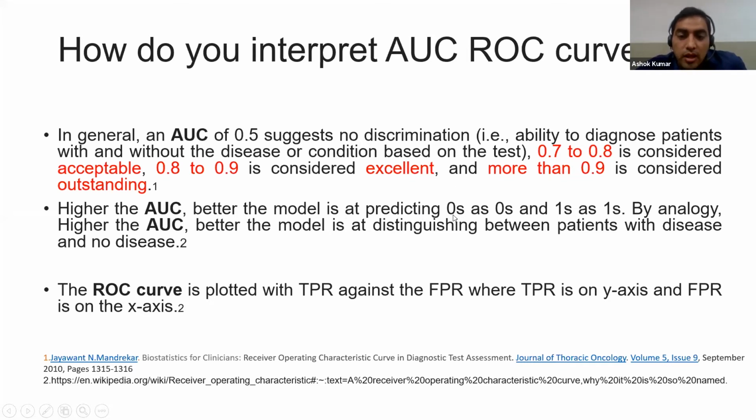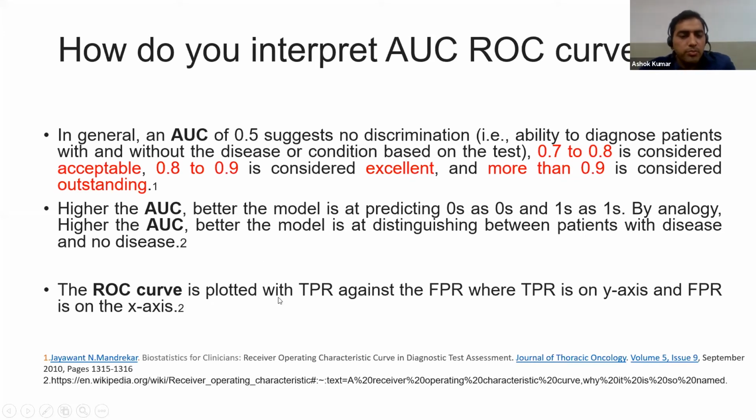Zero means negative, disease absent, and one means disease present. By analogy, the higher the AUC, the better the model is at distinguishing between patients with the disease and no disease. So when the AUC is more than 0.9, it is better for that kit.